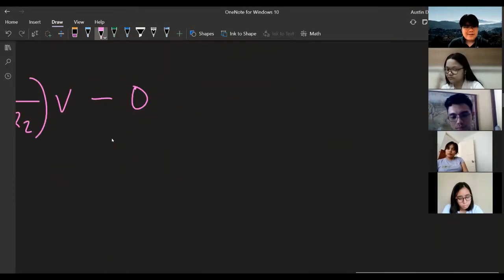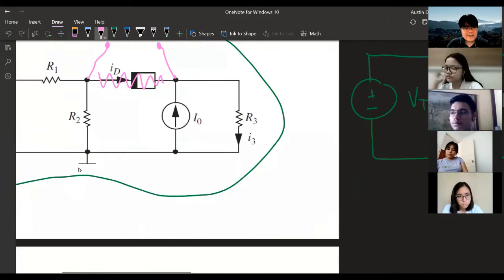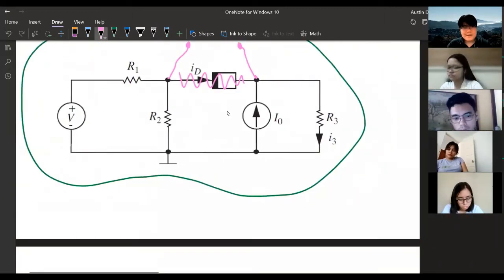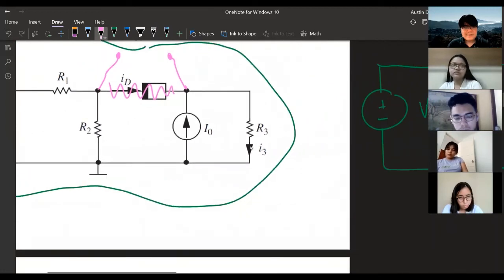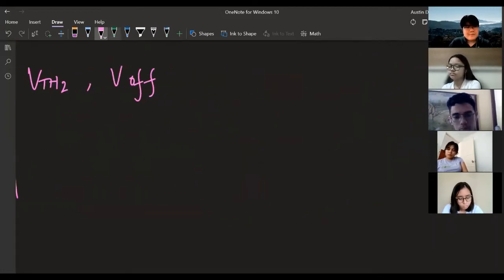Next one is VTH2, which is V of what happens to our circuit. Magiging wire lang ito. And then let's redraw the system. Wire.